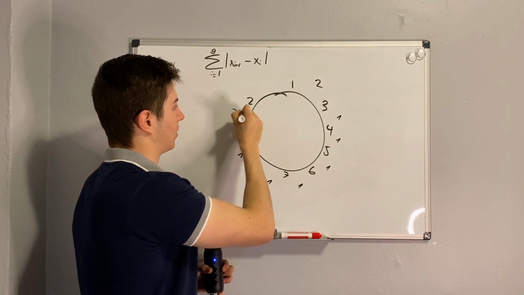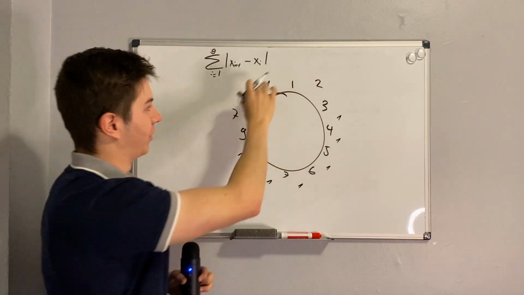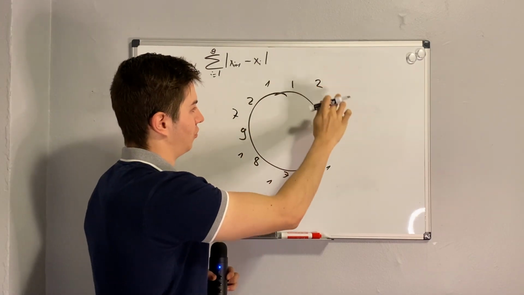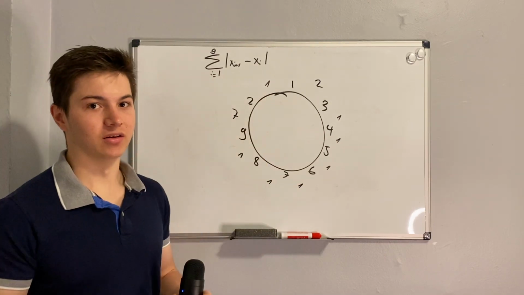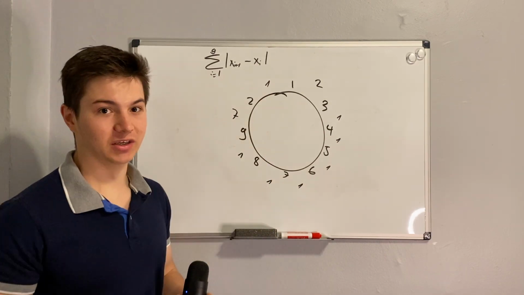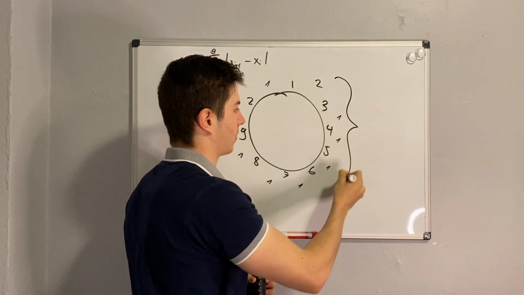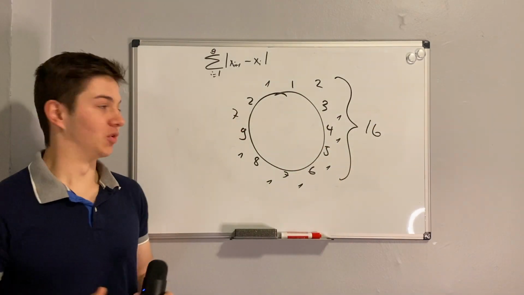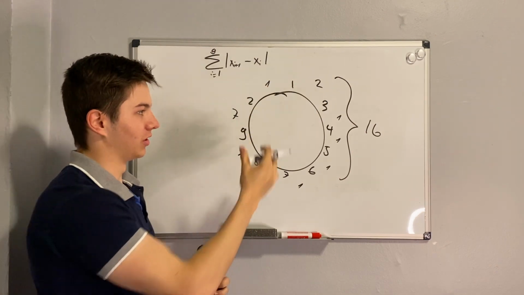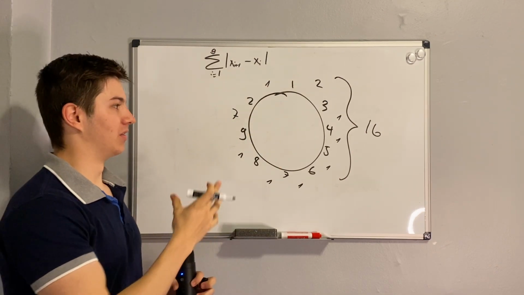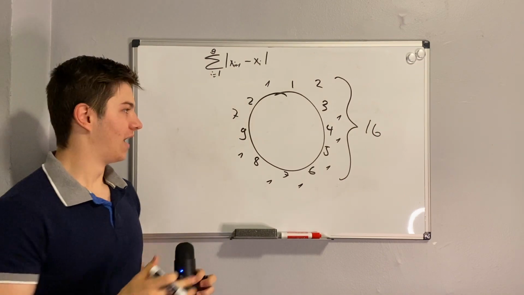Here we have 7, and then 1 again here. Calculating this, it's 2, 3, 4, 5, 6, 7, 8, plus 7, that's 15, plus 1, that's 16. So again, we have 16. By putting the 2 on the other side of the 1, the sum didn't really change. It's still 16. So it seems that 16 is the lowest we can get, and this is actually true.